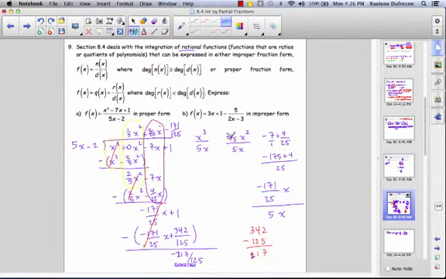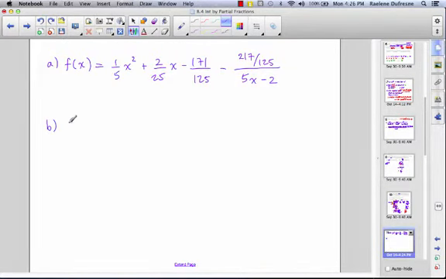So in part B, we're simply going to get a common denominator. We multiply 3x plus 1 times 2x minus 3, and then minus 5, all divided by 2x minus 3.